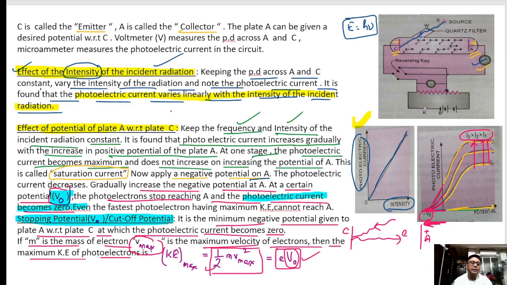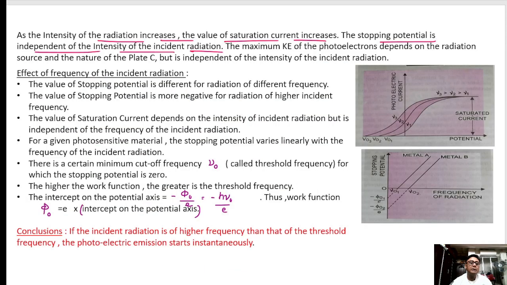So we can say that the stopping potential is independent of the intensity of the light. Let us highlight it: the stopping potential is independent of the intensity of the incident radiation.